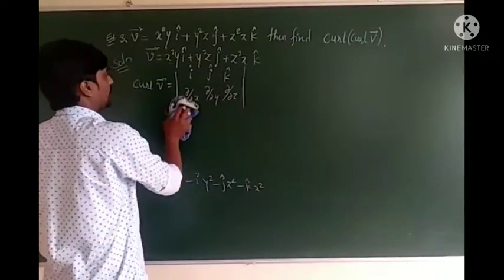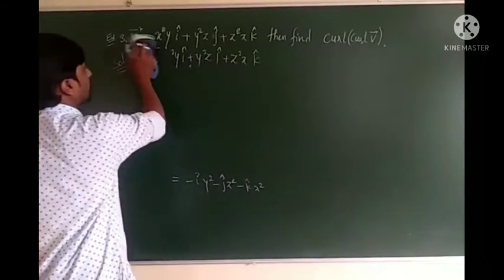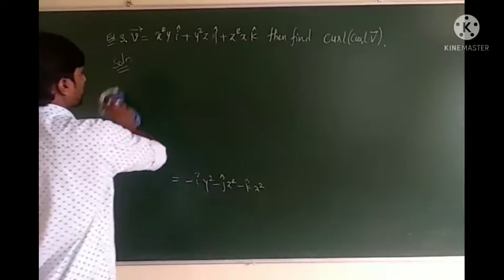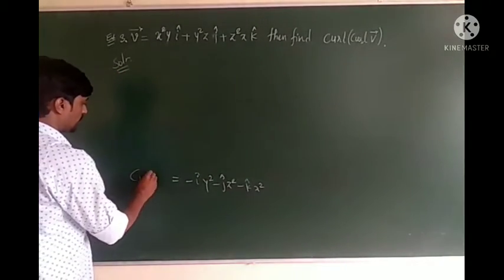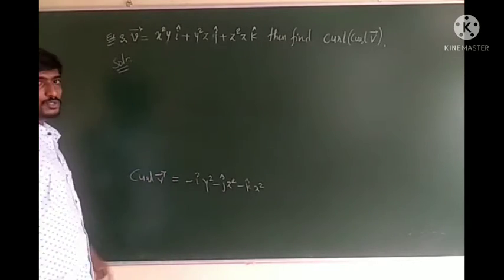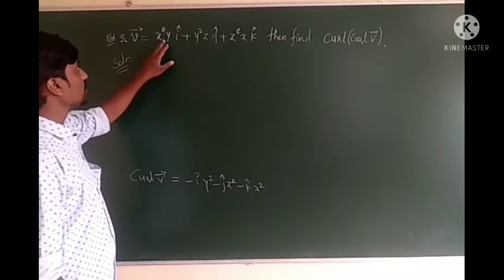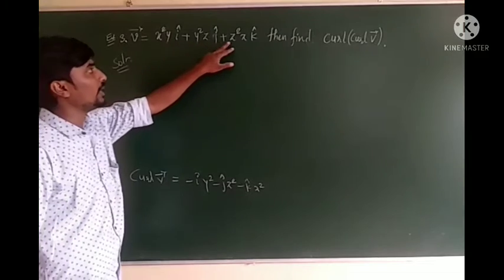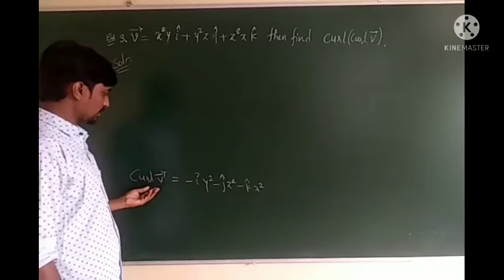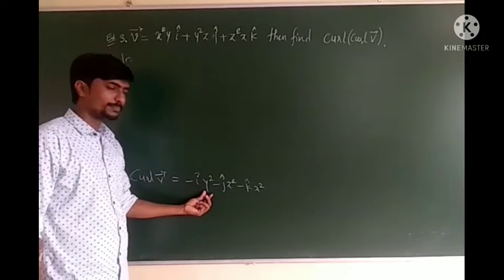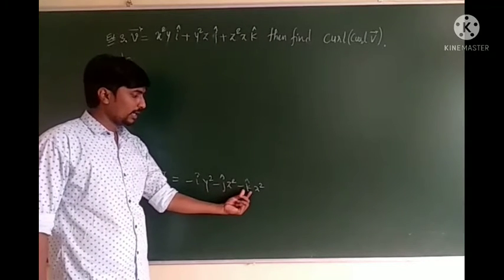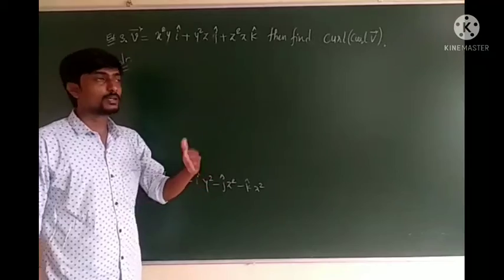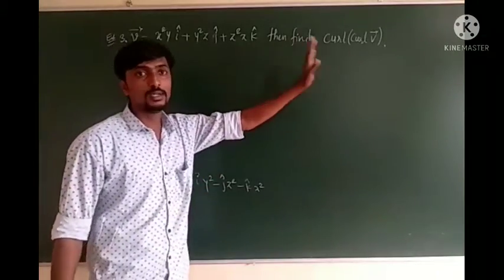Now we got the curl of vector v. Initially we considered the values v1, v2 and v3. I will consider this curl of vector v as c1, c2 and c3, because we require to find the curl of curl v.